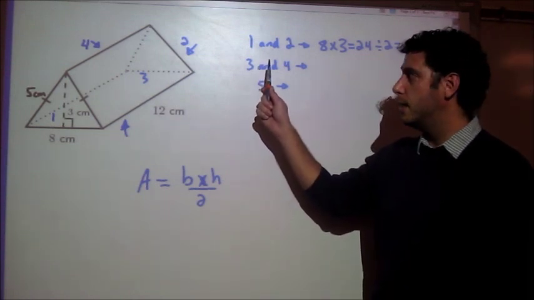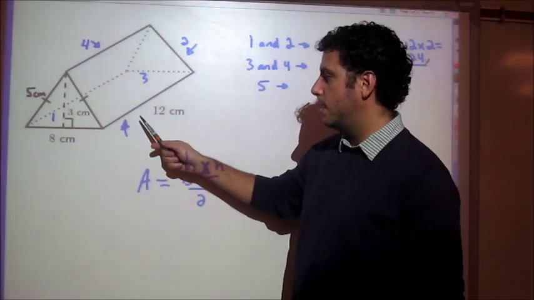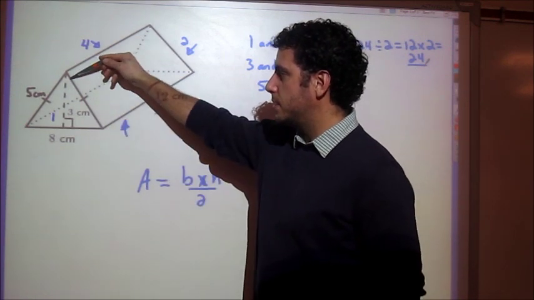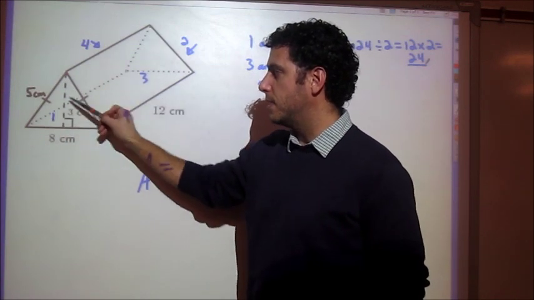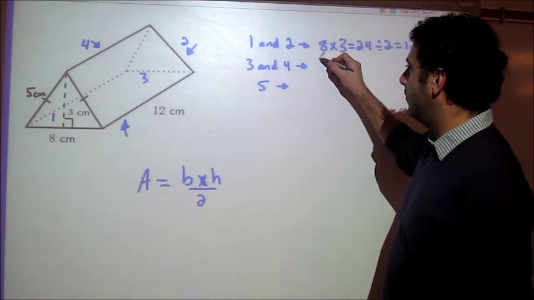Now let's go ahead and calculate the areas of sides 3 and 4. So side 3 has a base of 12, and it has a height which will be the same length as this one over here because of these hatch marks, of 5. So 12 times 5.